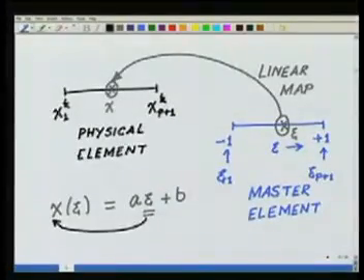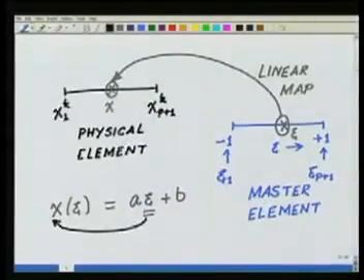Now how do I define this linear map? So this linear map, what does it do? If I go back, it takes the point psi 1 to the point x1k, the point psi p plus 1 to the point xp plus 1k. Now to define a linear map, we have to give its value at 2 points. So we are going to give its value at the point psi 1 and psi p plus 1.